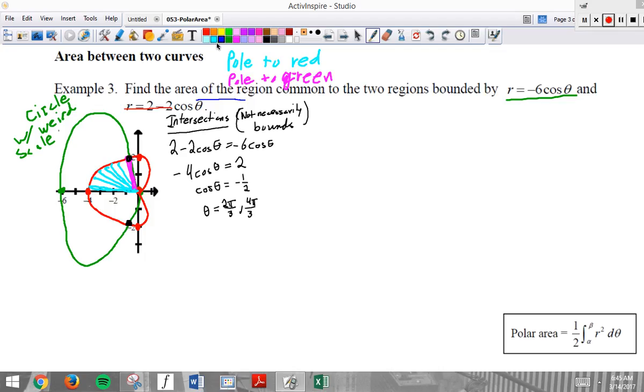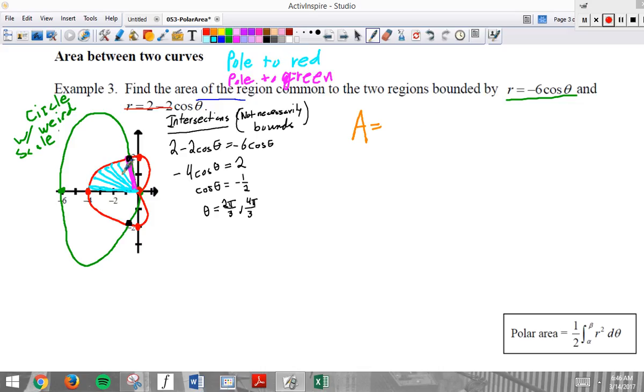So my light blue, the one that goes from 2 pi over 3 to pi, basically we're going to have two integrals. We'll have to add the blue area to the pink area. And I know that picture is ugly. So area equals the blue.